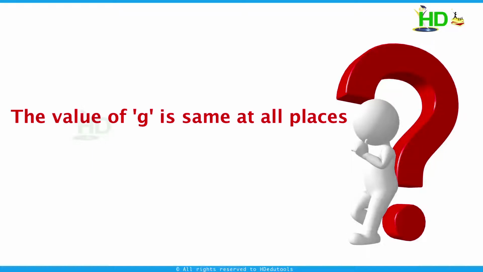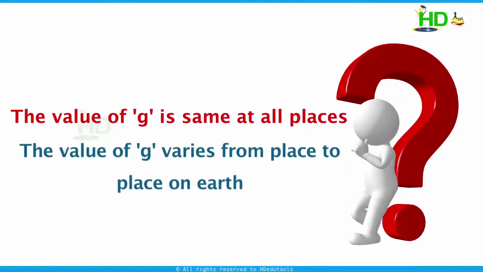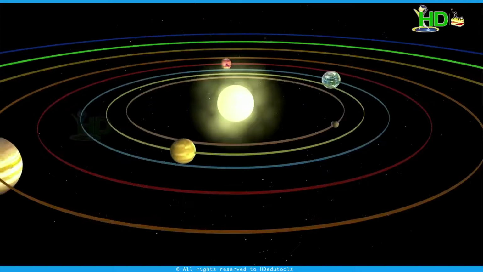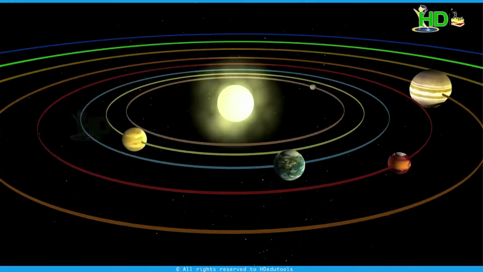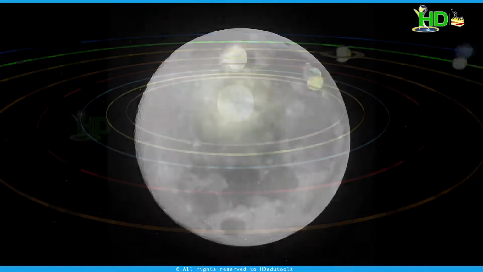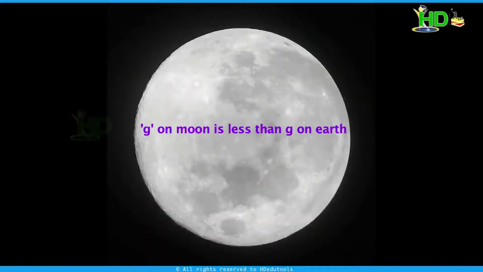Now the question is, is the value of g the same at all places? The value of g varies from place to place on Earth, and it also varies from planet to planet. The value of g depends on the mass of the planet and the radius of the planet. If you go to the Moon, since the mass and radius of the Moon are less compared to Earth, automatically the value of g, that is the acceleration due to gravity, on the Moon is less compared to Earth.